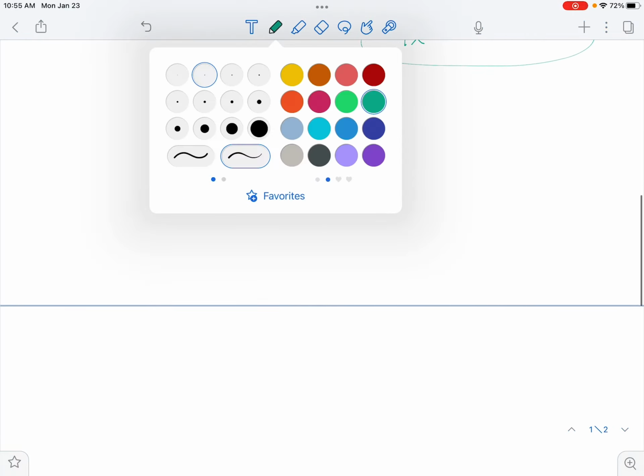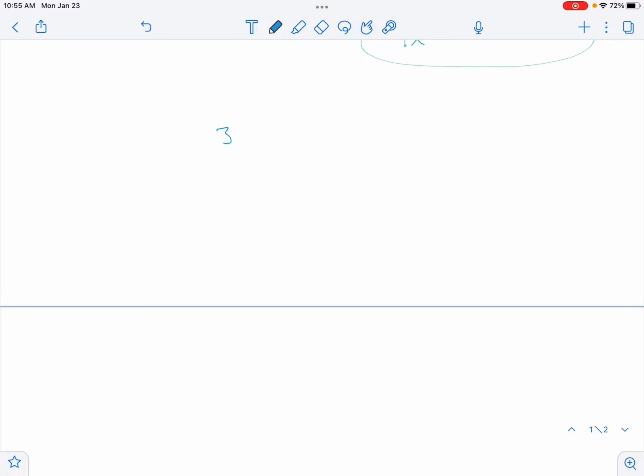Now, if you ever see this, 3x plus 5 squared, what does this really mean? Remember, you cannot take that power and distribute it through the parentheses because there's that plus sign. Not all that stuff in parentheses is being multiplied.